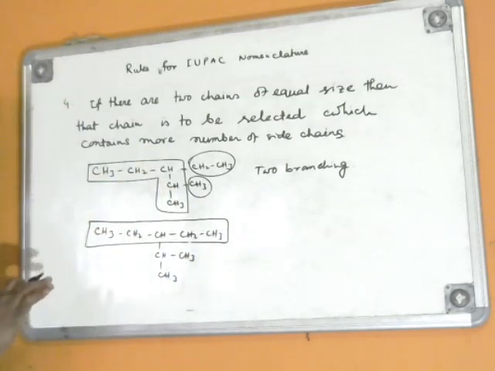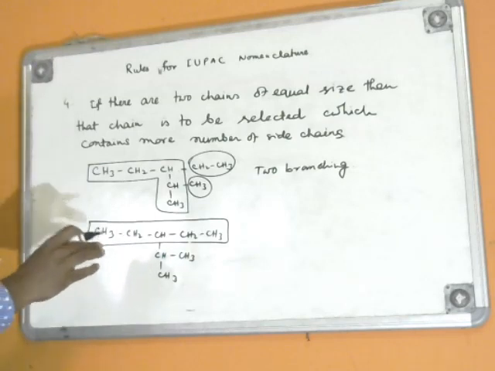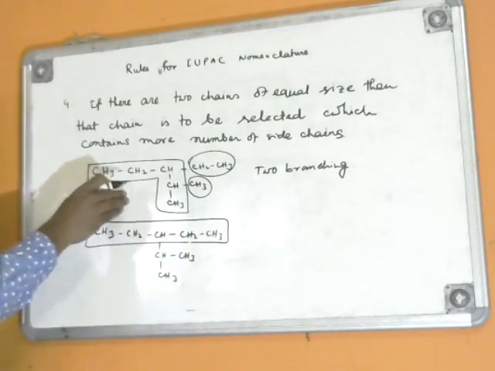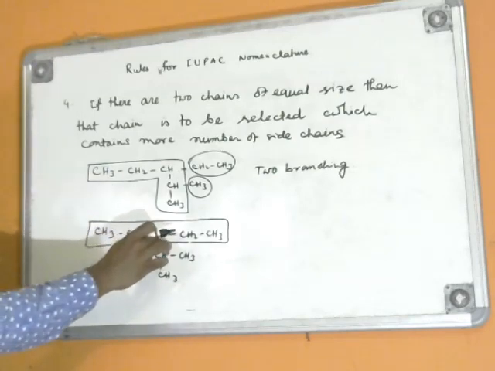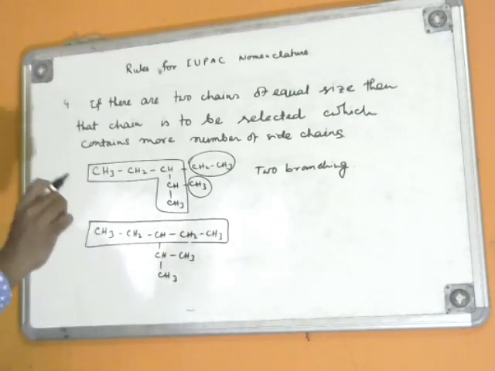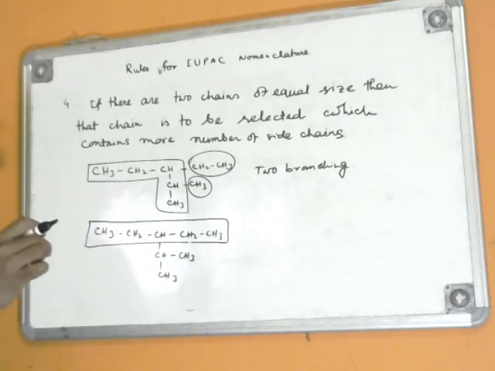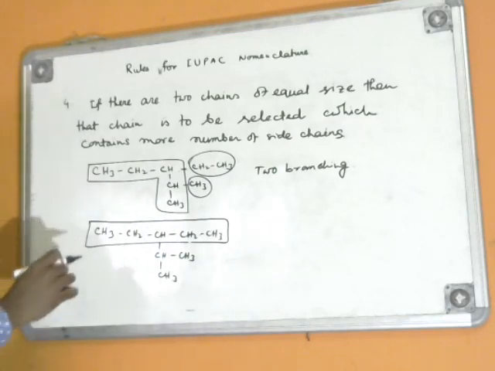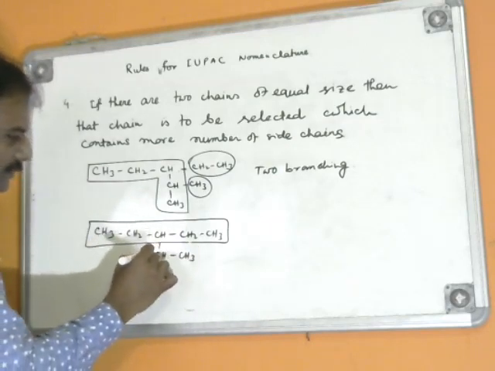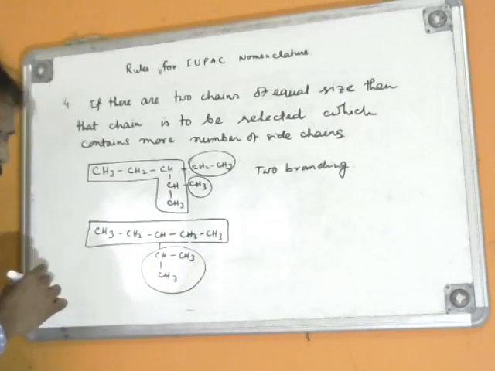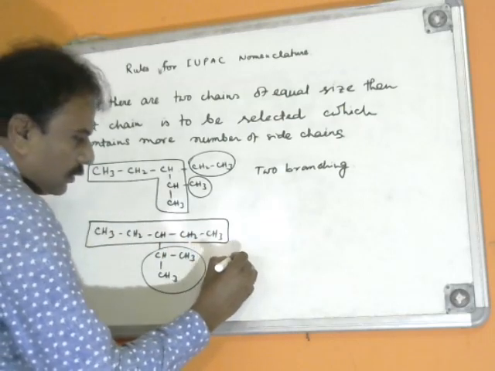In all respects, they are equal. So anybody can take this chain as the parent chain or this chain as the parent chain. But the rule says the chain should be chosen which has more number of branches. In that case, this has only one branch.